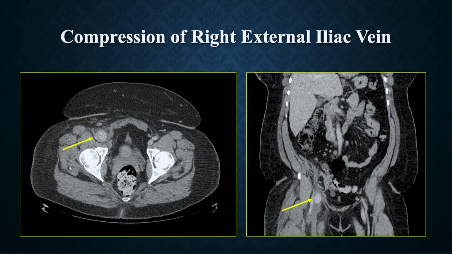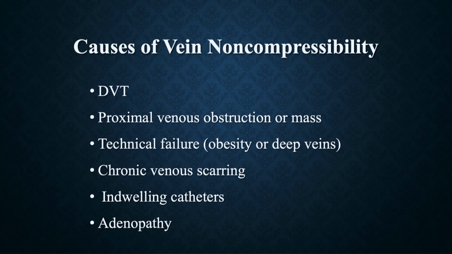And here's the correlative CT scan, showing that there is that pseudoaneurysm arising from the external iliac artery, compressing the external iliac vein. So that's why there's essentially no flow seen. It's not thrombosed, but the vein is compressed. So we don't see flow. And that was why it was difficult to detect flow on spectral trace from compression from the pseudoaneurysm.